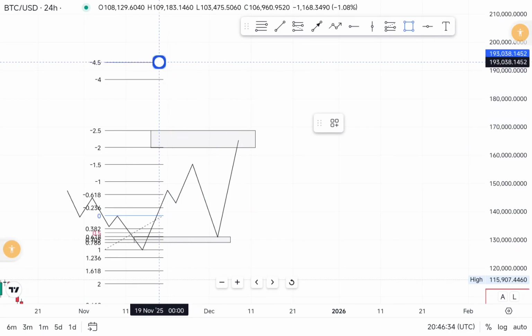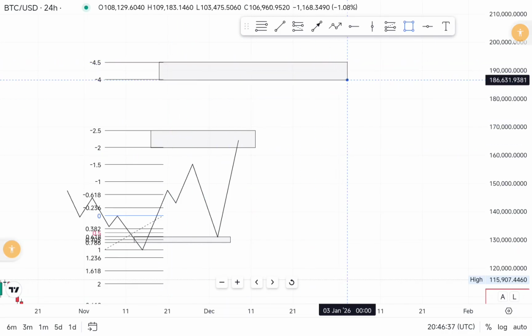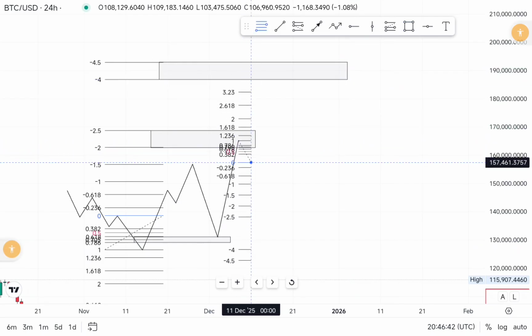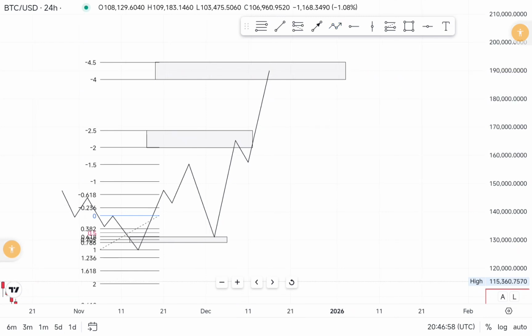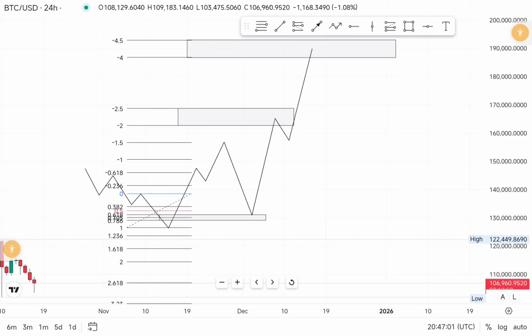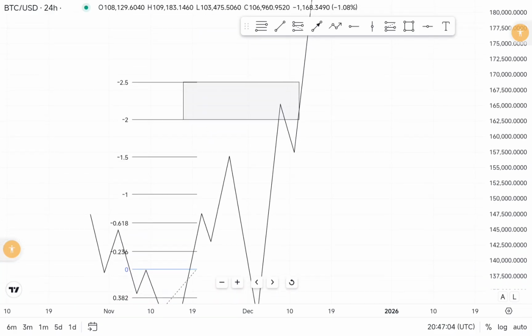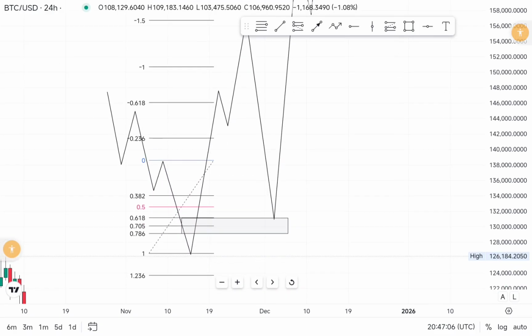But in some situations, there might be volatility and the price may extend to the -4 to -4.5 region. This region normally signifies that the trend is exhausted. So at this particular region, we are always anticipating a trend reversal.